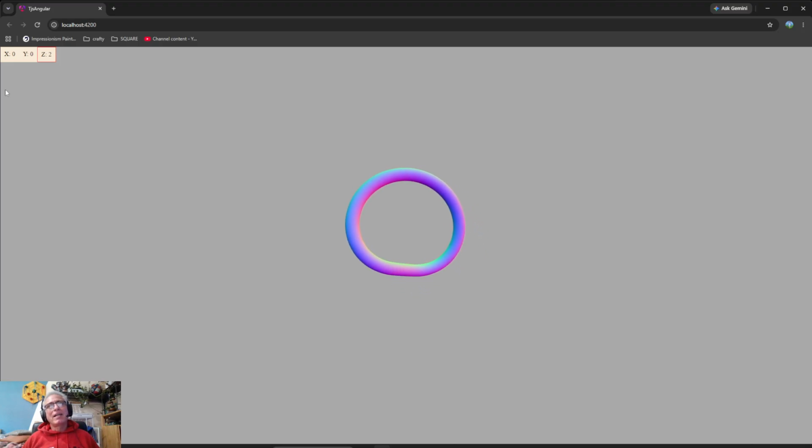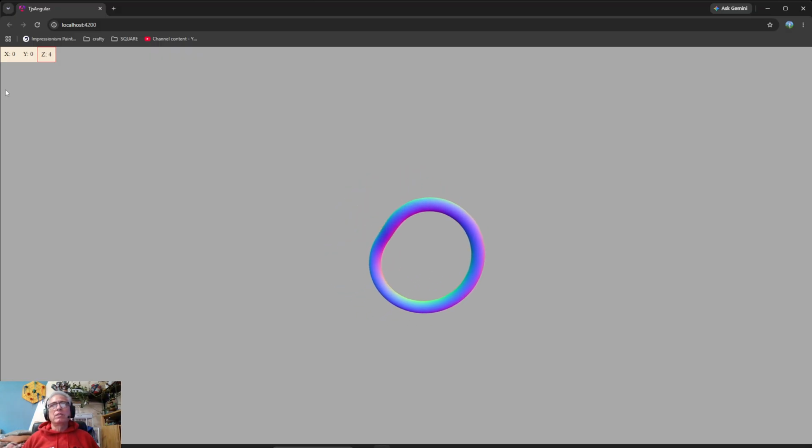So it's kind of like a tube or ring with a little dent in it. It has a very organic look to me for some reason. It looks like a snake or something.